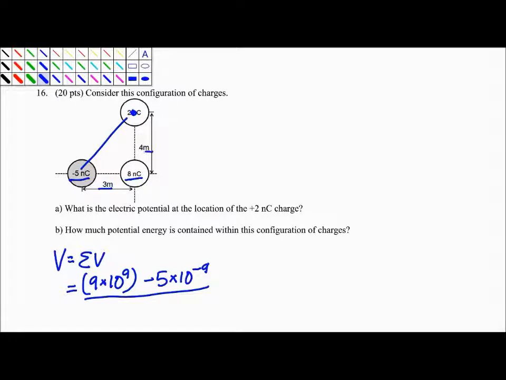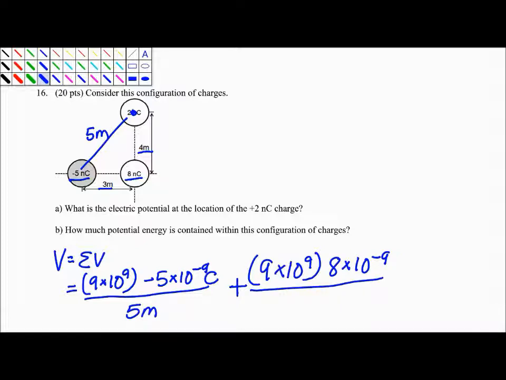Notice 3, 4, this is 5 meters, divided by 5 meters, plus 9 times 10 to the 9th, 8 times 10 to the -9, divided by 4 meters.